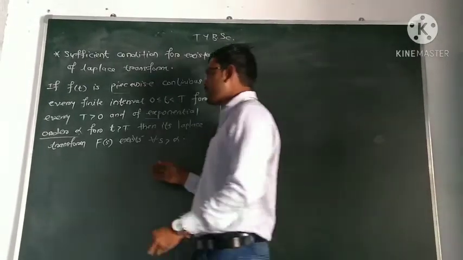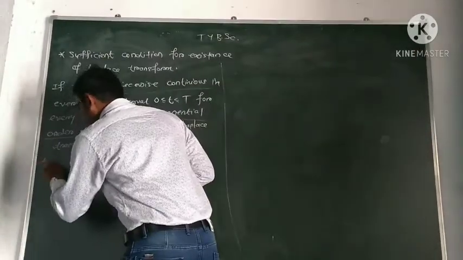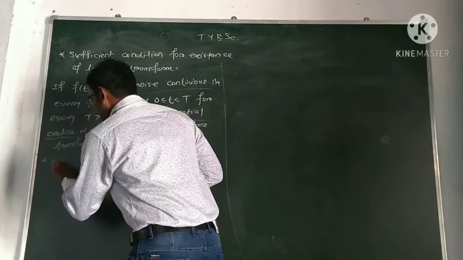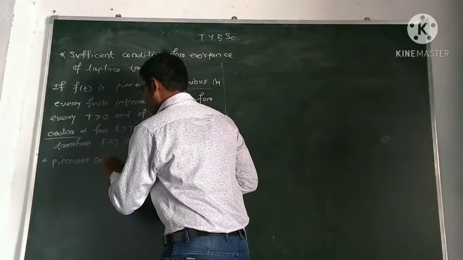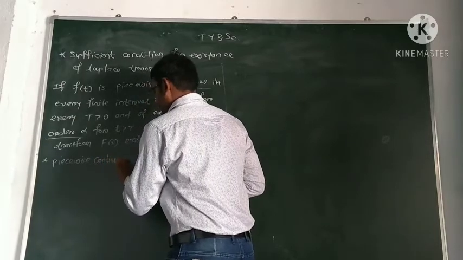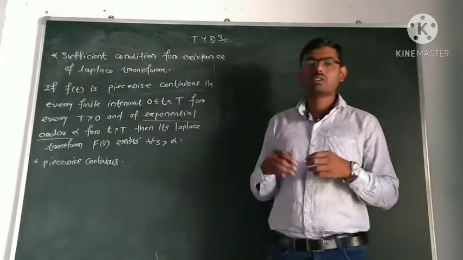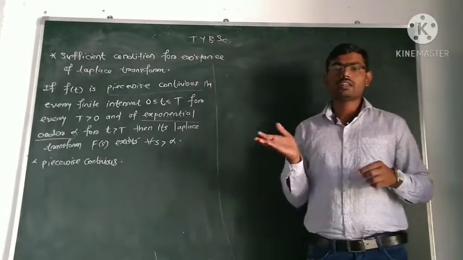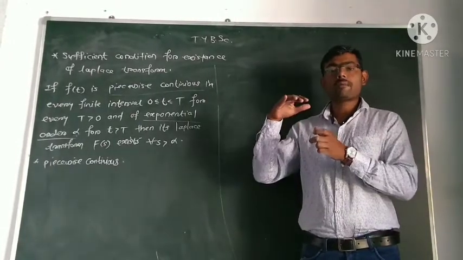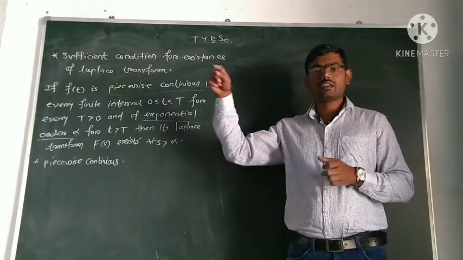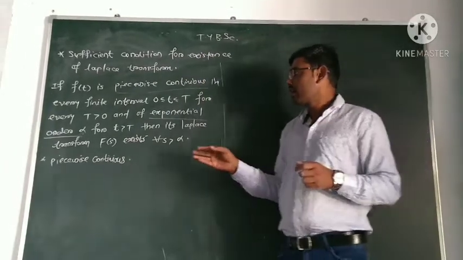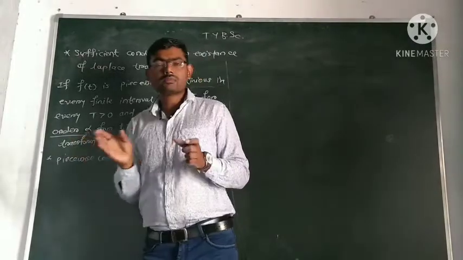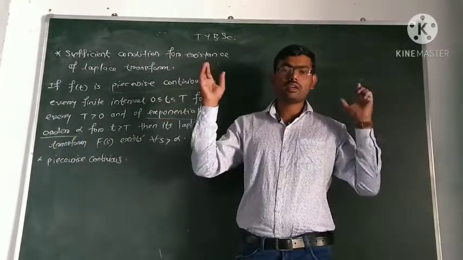So what is a piecewise continuous function? First, you should know continuous functions. If you plot the graph of a continuous function, the graph is continuous. There is no break. A continuous function is continuous everywhere in the given interval.